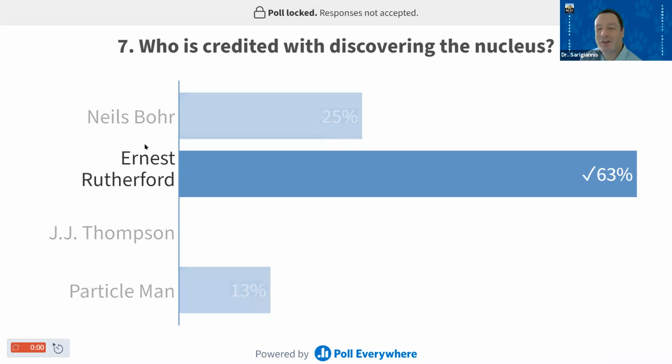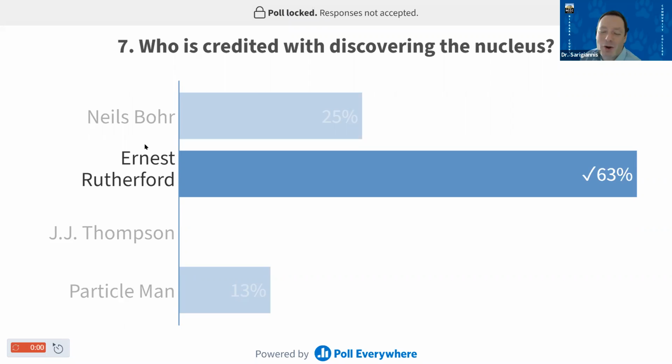So these two are kind of hard to remember. Bohr was the one that came up with the model of the atom, but Rutherford was the one that did the experiments with the gold foil and determined that there's got to be some kind of concentrated nucleus. I'm pretty sure Rutherford was a student of Thomson. Thomson sort of hypothesized this.